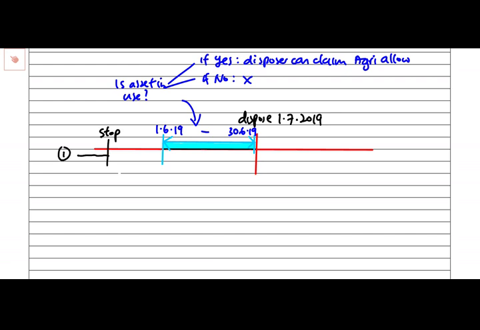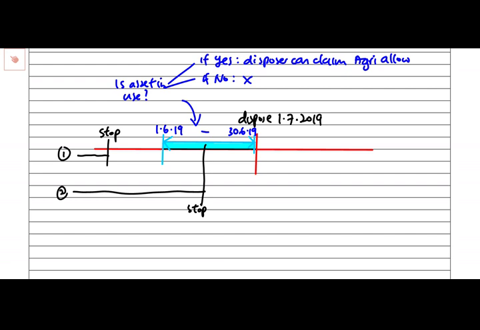Now then the answer is sorry, you are not entitled to claim anything because you stopped using before the 1 month. But if you're telling me that no, the assets are in use and you continue using the asset, let's say you use it all the way until here, you stop here, that means somewhere in that 1 month the asset is still in use, right? Then you're allowed to claim the allowance.